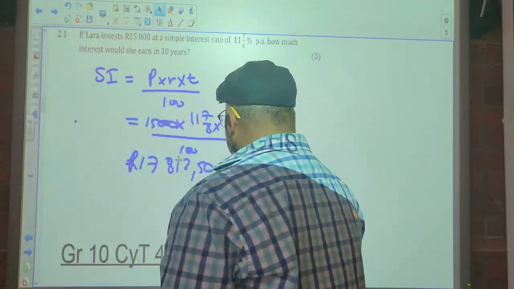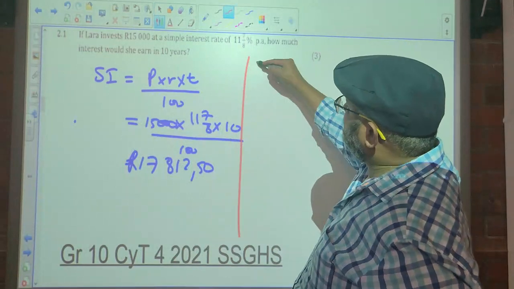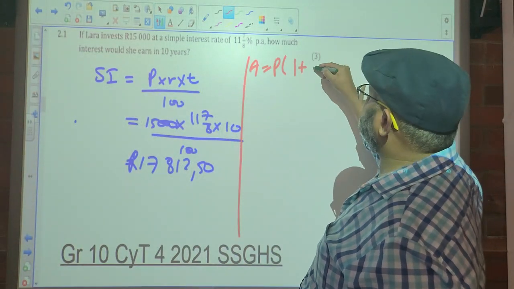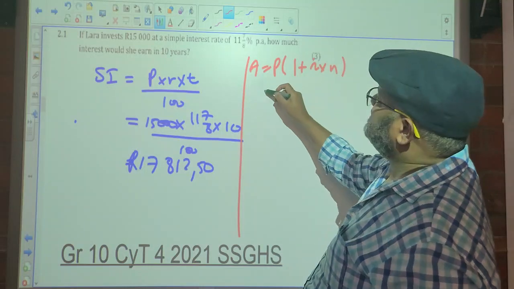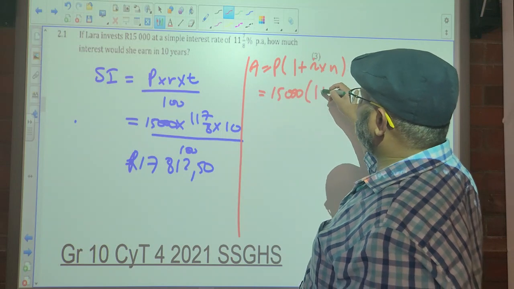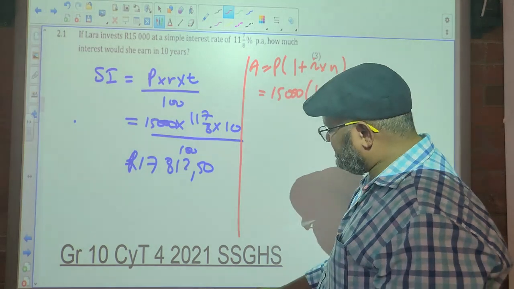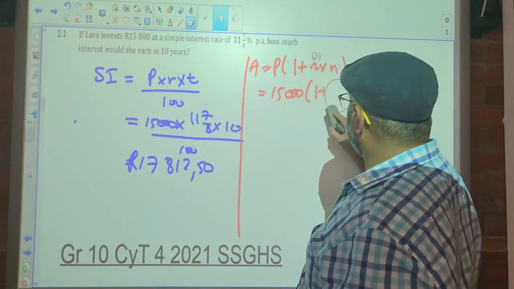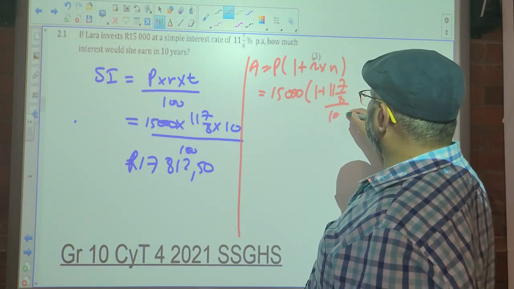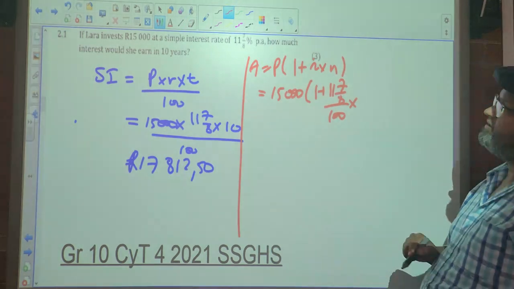Otherwise, you can work it out using the other formula. A is equal to P into 1 plus I times N. So it's going to be P, which is 15,000, into 1 plus I, which is 11 and 7 over 8%, so it's over 100, multiplied by 10.